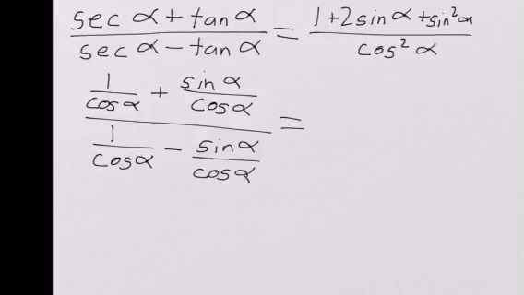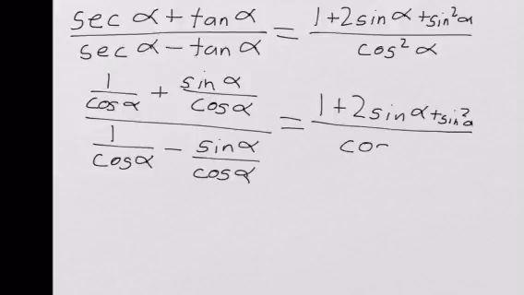We want that to be equal to 1 plus 2 sine alpha plus sine squared alpha over cosine squared alpha.